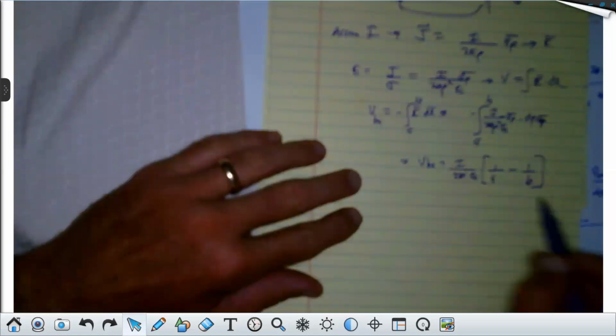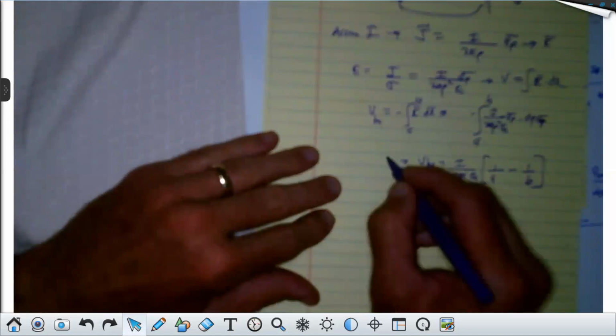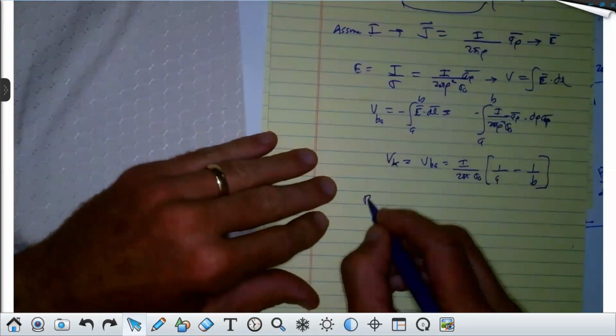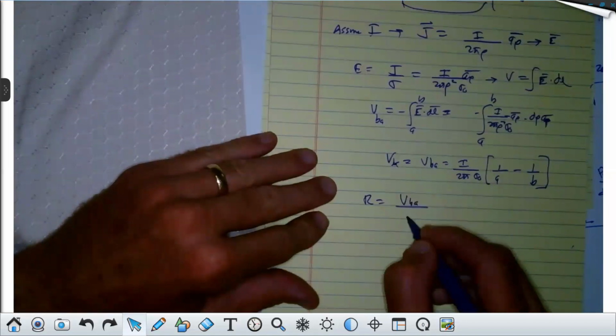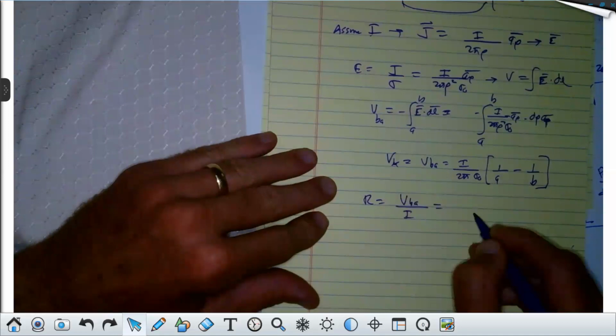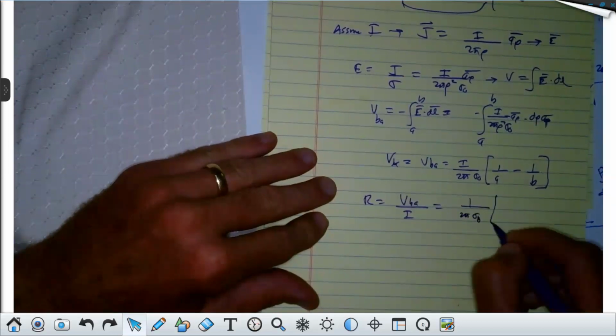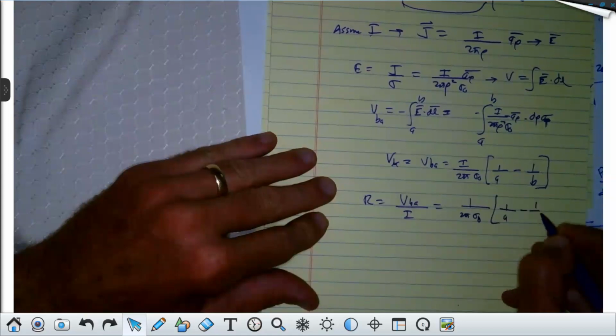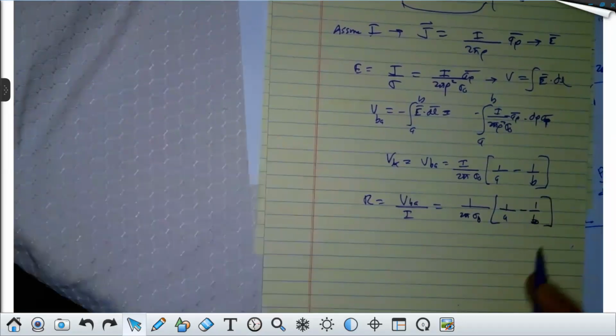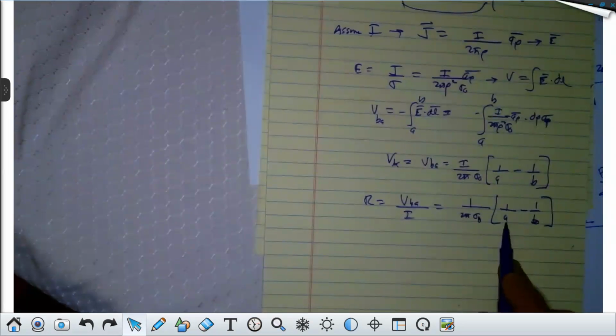Now, that's the voltage. To get the resistance, R is simply V_BA over I, and you just get rid of I. So the resistance is 1 over 2 pi sigma naught times 1 over A minus 1 over B. And then you plug in the specific dimensions and the value of sigma naught. A is 2 centimeters, so it's 0.02.